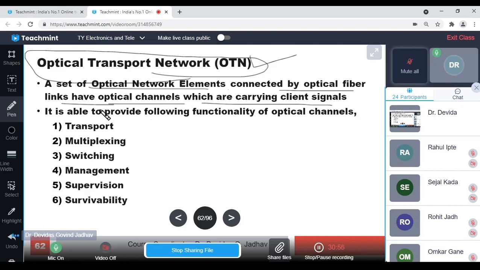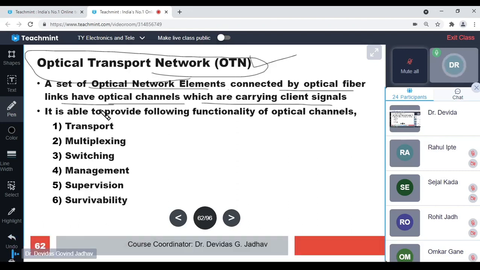The channels carry the client signals, and those channels are in optical fiber links. So optical network elements are connected by the links, and the links carry the client signal.